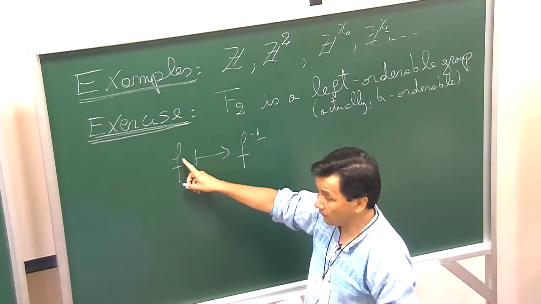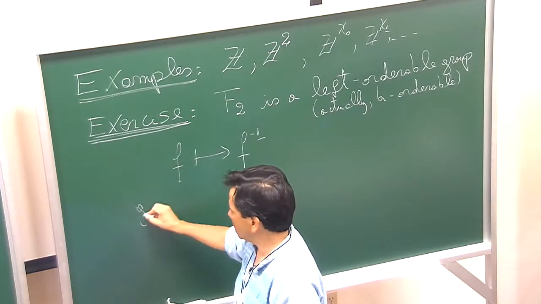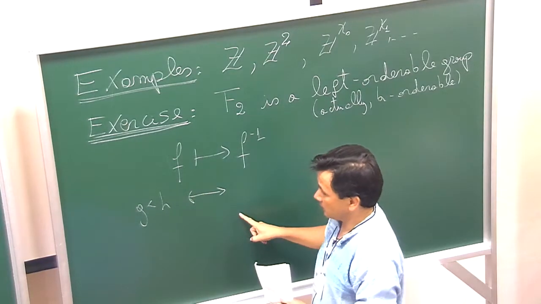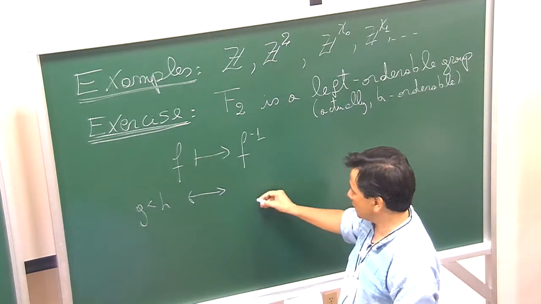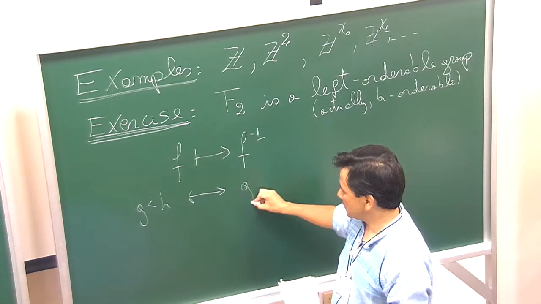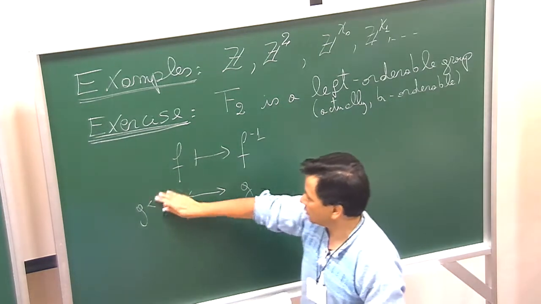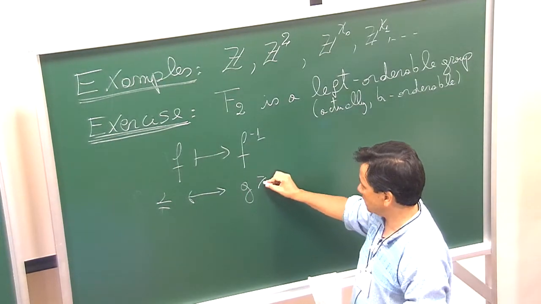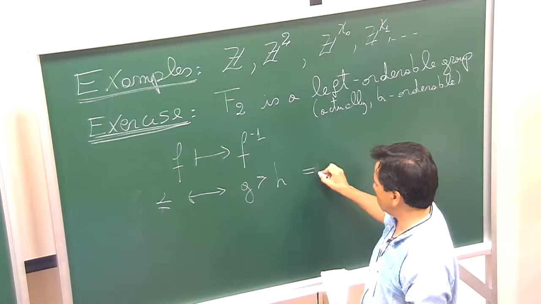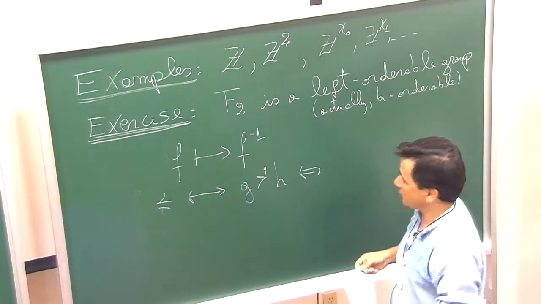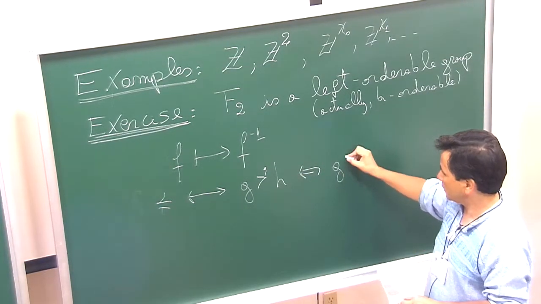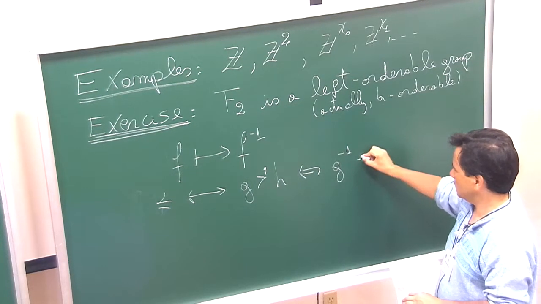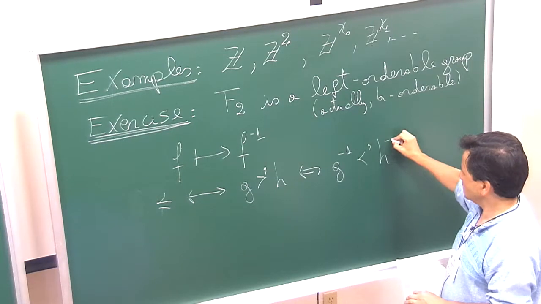So if you have a left order on the group, then you transform this into a right order by saying that in the new order, which I denote with a prime, g is greater than h if and only if the inverse of g is smaller than the inverse of h.